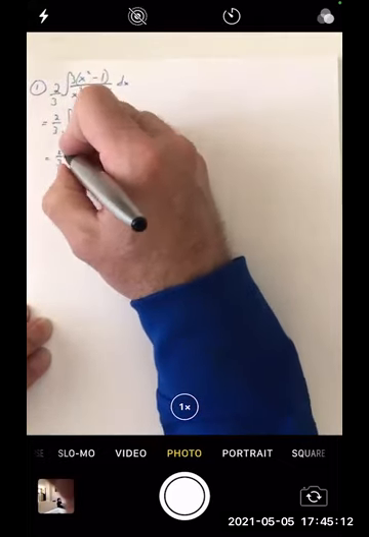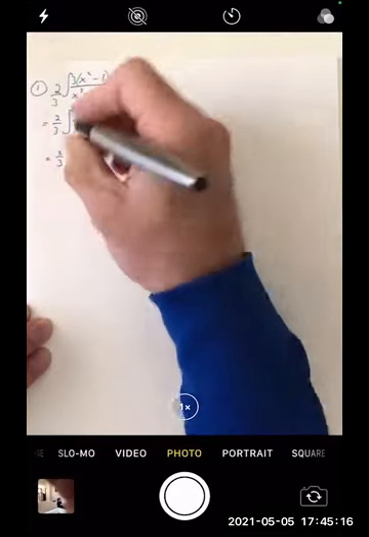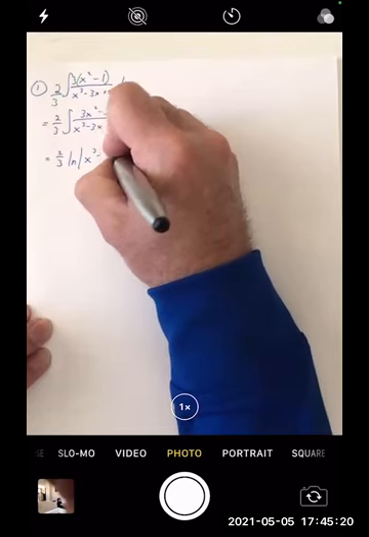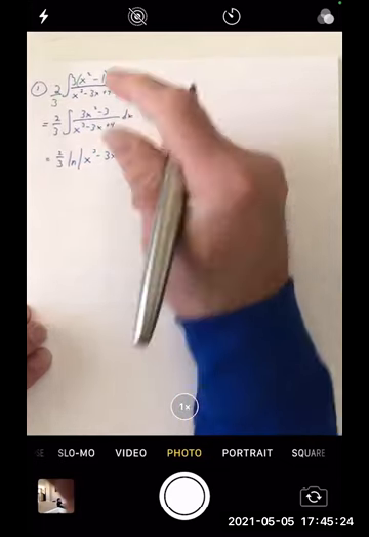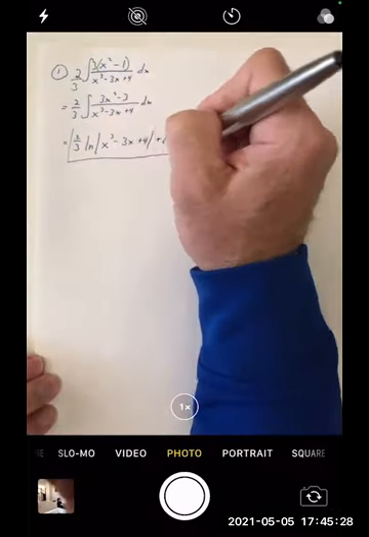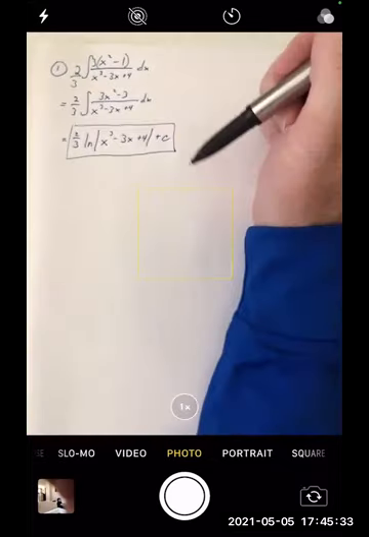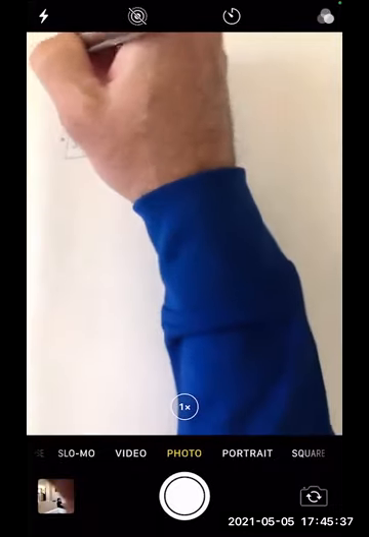So 2/3 times ln of the absolute value of just that denominator. And you can leave it like that. Okay. Oh, that was F.